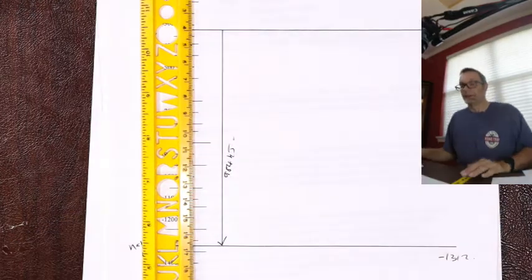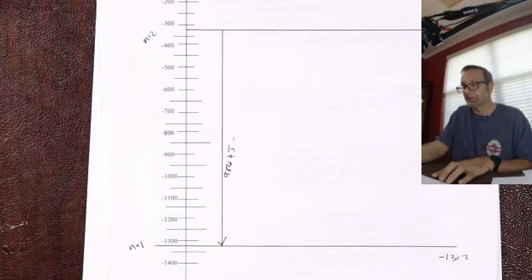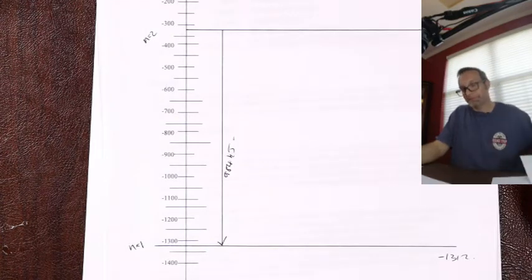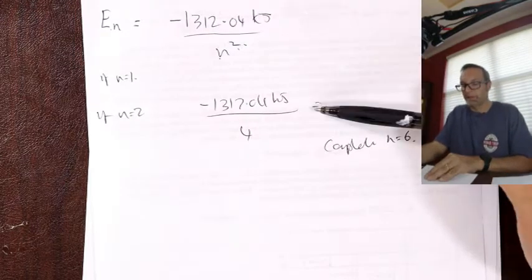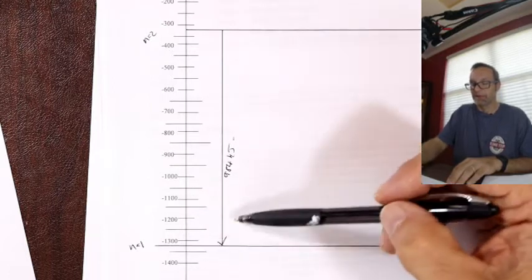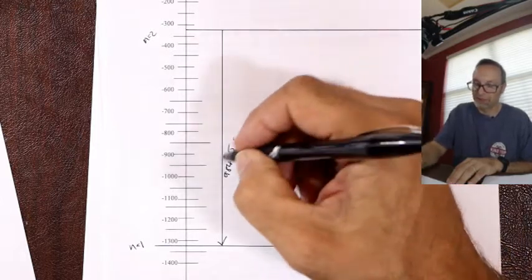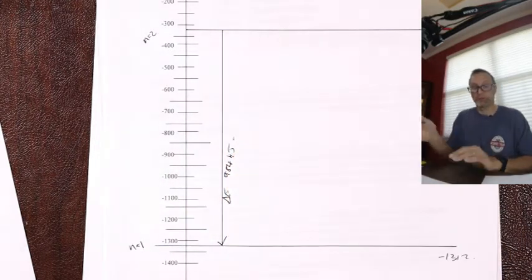So that's the difference between levels 1 and 2. Let's just recap. I used the equation to find out how far down in the well these levels were. Then if I do a transition between 1 and 2, I just subtract the two numbers. That's delta E, right? Okay, fair enough.